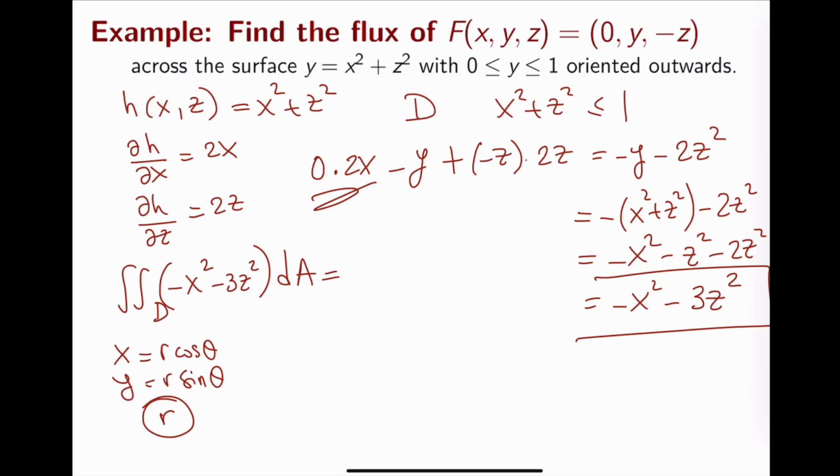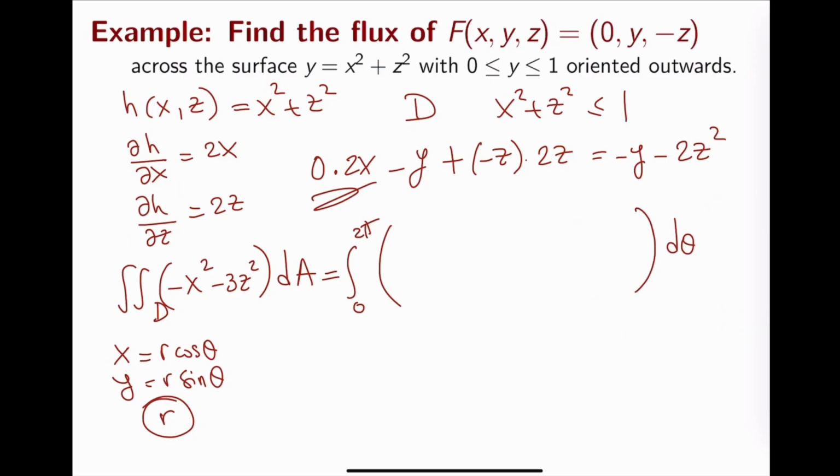So this is the change in the double integrals to polar, and so this is going to be the integral where the angle varies between 0 and 2 pi, right? So we have a whole circle here, and this is going to be the variation of the angle, and inside we're going to put the integral between 0 and 1, the variation of r.